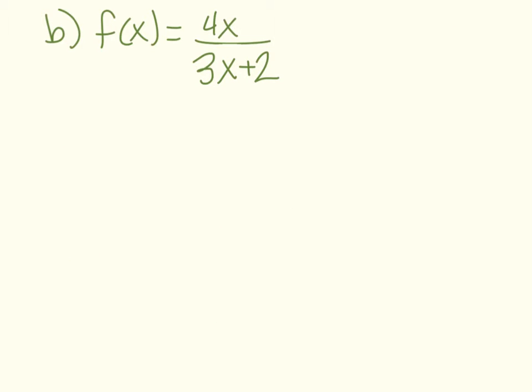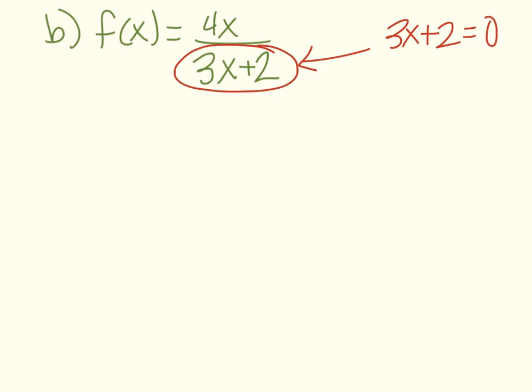Let's do one more example with finding domain. If I take a look at this, I know again that the domain is all real numbers except where it's undefined. So I'm concerned with the denominator. If the denominator equals 0, then we are going to have a problem. So you might be able to do this in your head, but I'm just going to write it off to the side here. Where does 3x plus 2 equal 0?